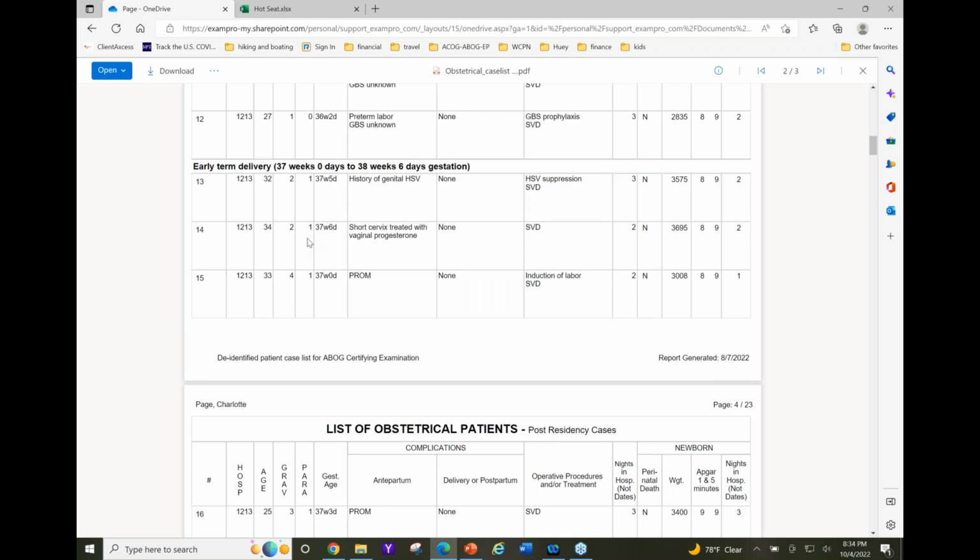Do you routinely screen for cervical length during pregnancy? Yes, at my institution, every patient gets a cervical length measurement with the anatomy scan. So what would you consider to be a short cervix, and how do you manage a patient with no prior history who has a short cervix, based upon whatever criteria you're going to tell me?